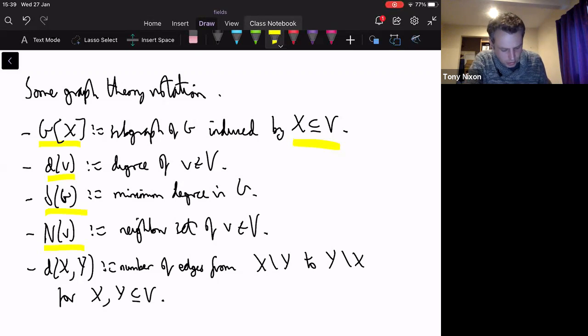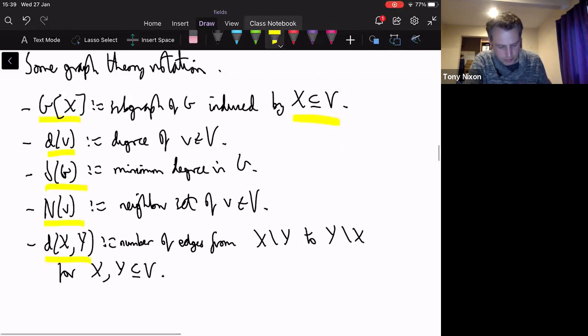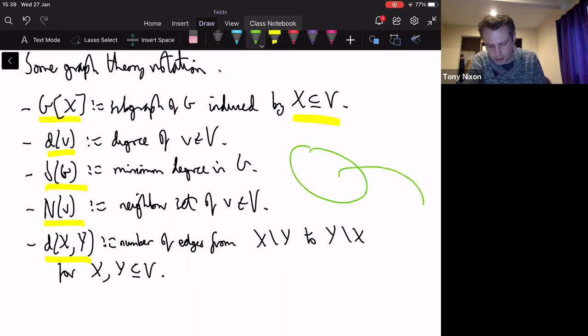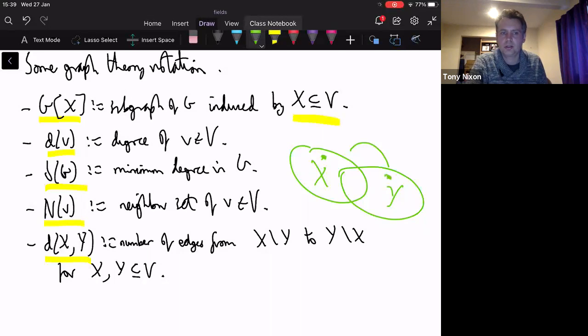And then maybe the only one you might not have seen before is d(X,Y), the number of edges between X and Y. So if I have 2 sets of vertices, X and Y, it's the number of edges with one endpoint in X and the other endpoint in Y, for 2 subsets of vertices. This is just some basic notation that's going to make things a bit easier.